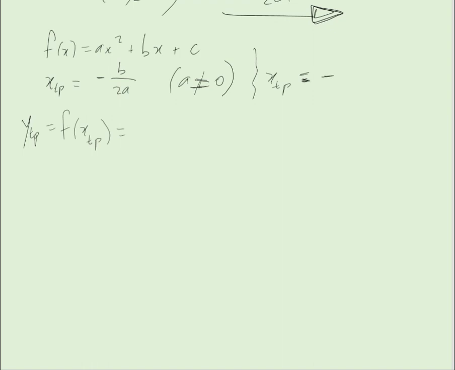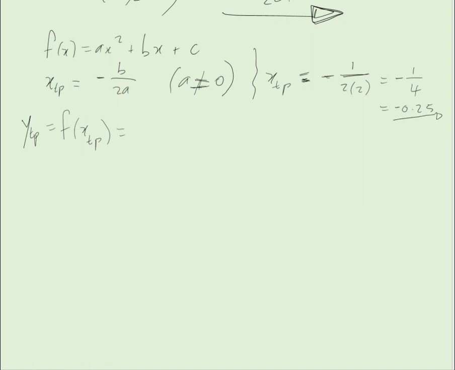So it's negative b, and b was positive 1, and a is 2, but of course it's 2 times 2 here. So the x value for our turning point is negative 1 over 4. Again, if you want to write it in decimal, it's negative 0.25.